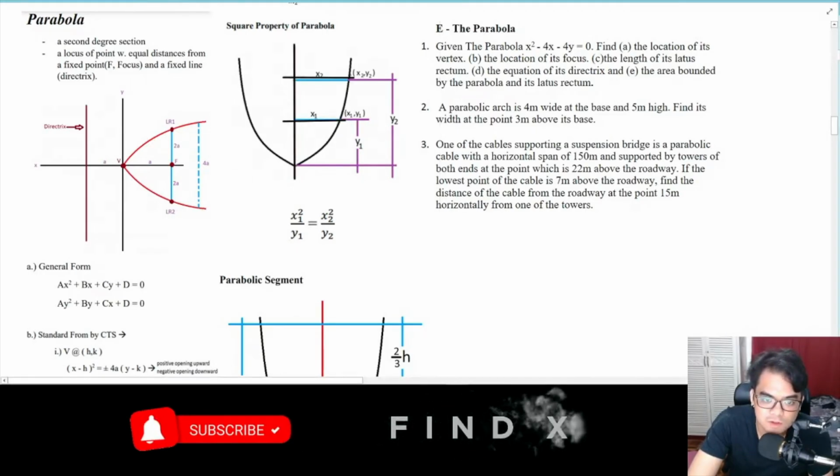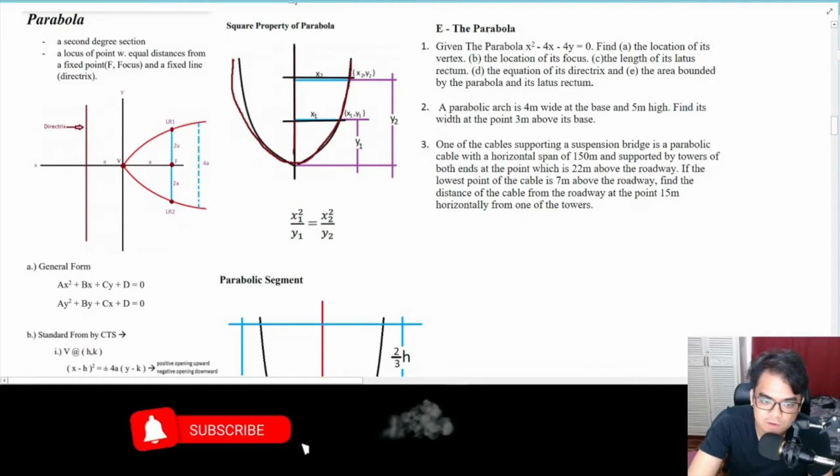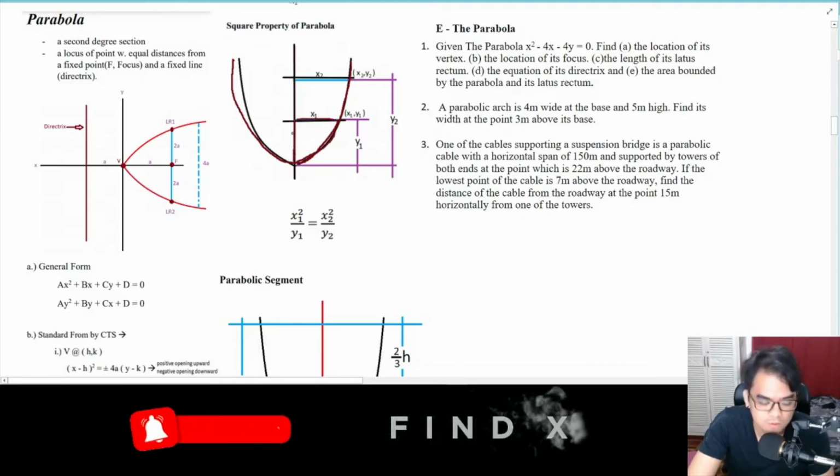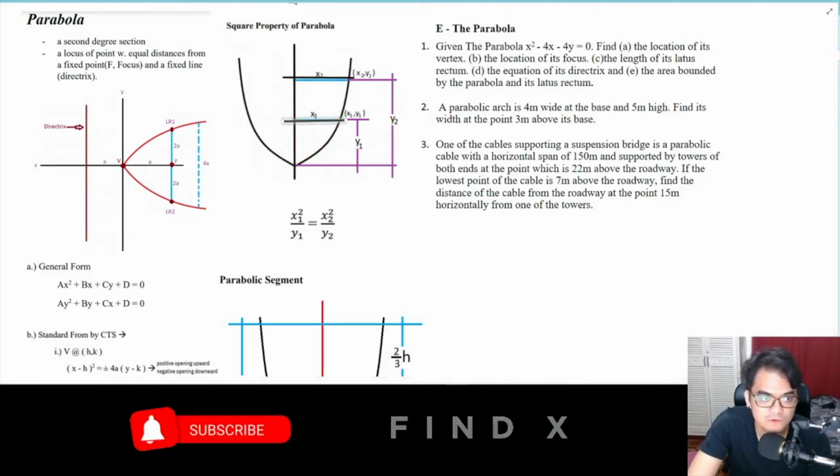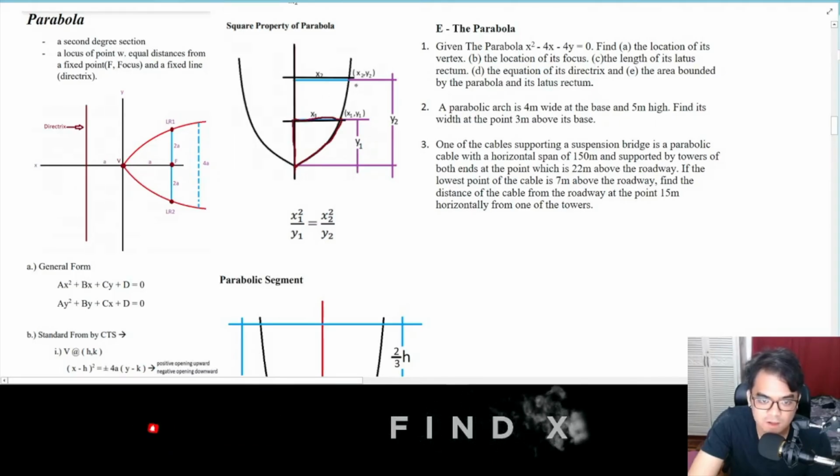As you can see, this will be the first parabola, and then you'll have another parabola here. For you to understand it more, this is the first parabola, only it's half, and the second parabola is this one.